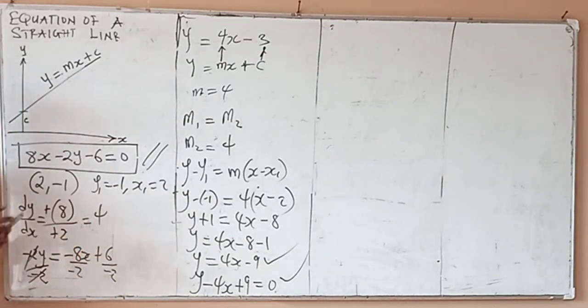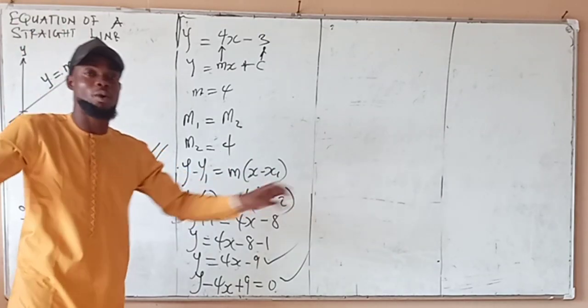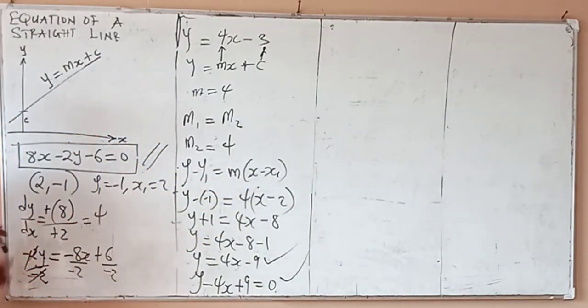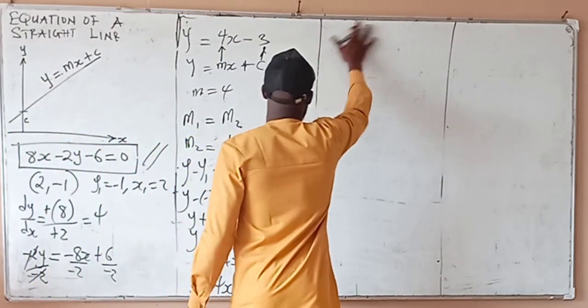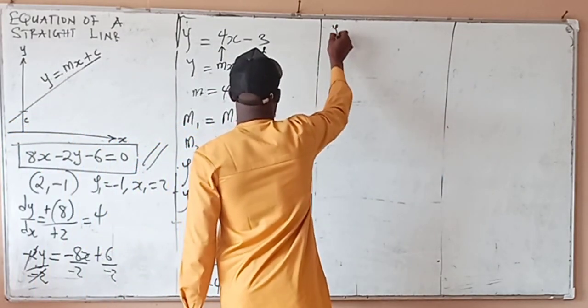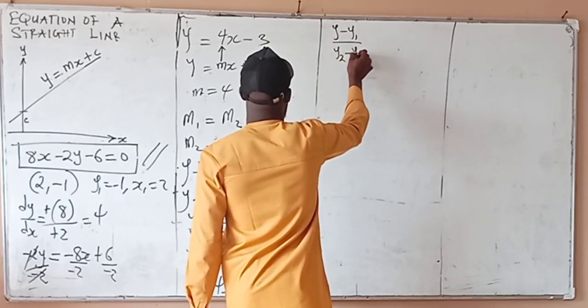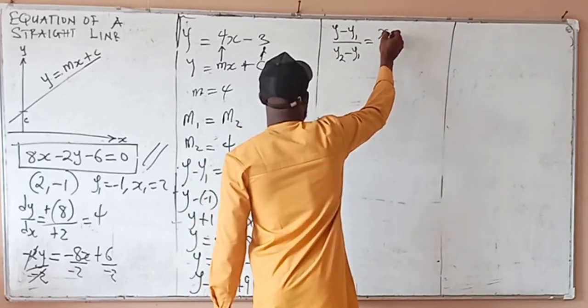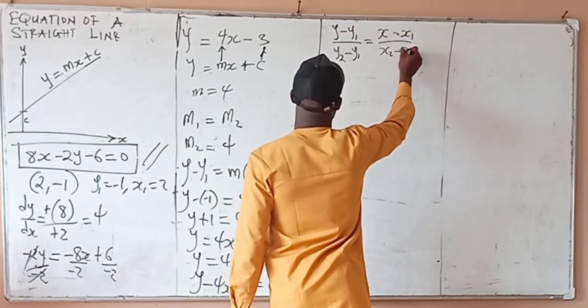Furthermore, the equation of a line that passes through two given known points can be obtained by the relation y minus y1 over y2 minus y1 equal to x minus x1 over x2 minus x1.